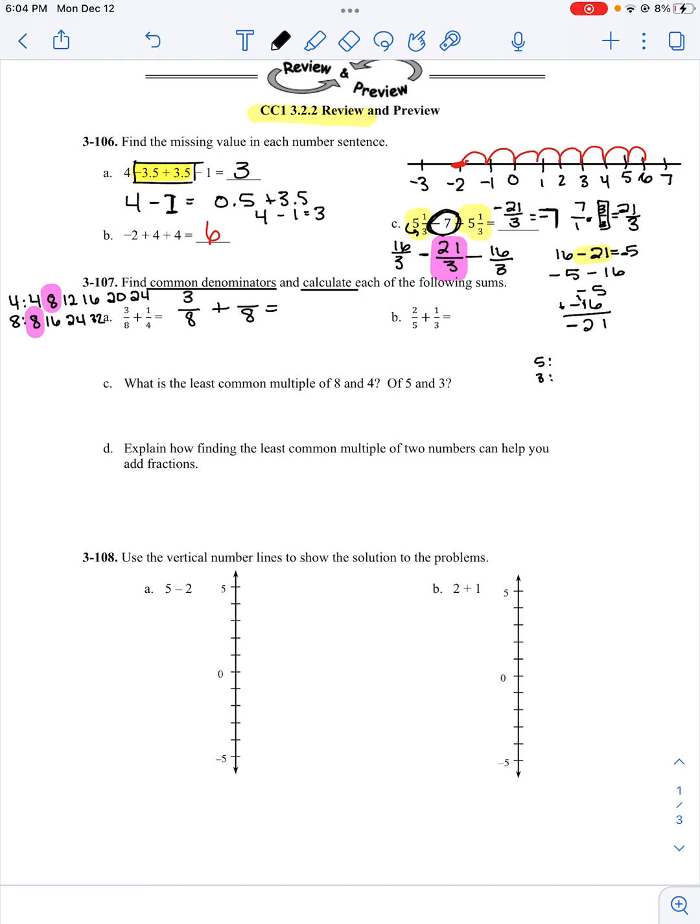Three-eighths is already out of 8, so I don't have to change that fraction. 1/4, though, I need to make an equivalent fraction. 4 times 2 is 8. 1 times 2 is 2. 3/8 plus 2/8 is 5/8.